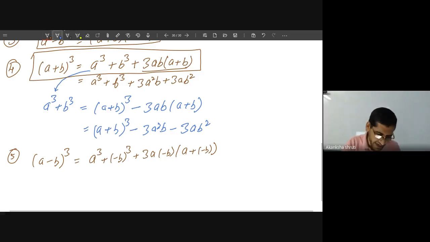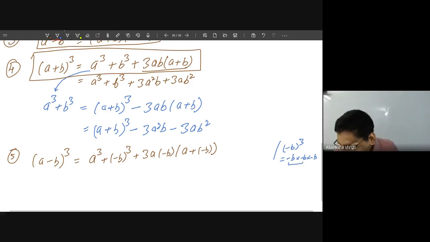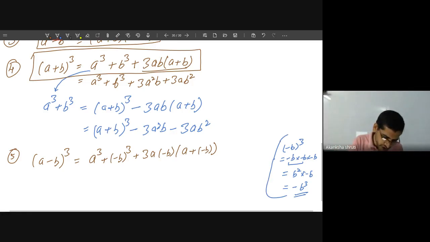Now you know that minus b cube simply means minus b into minus b into minus b. These two minuses become plus, so it is b square into minus b. This becomes minus b cube. Okay, students? So we have to substitute like this.